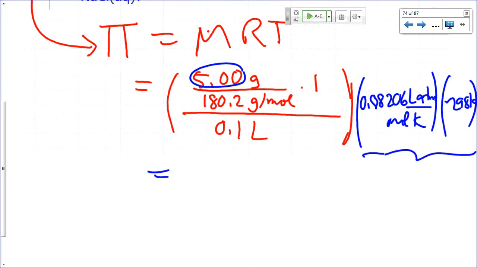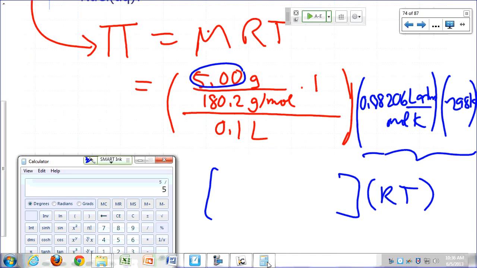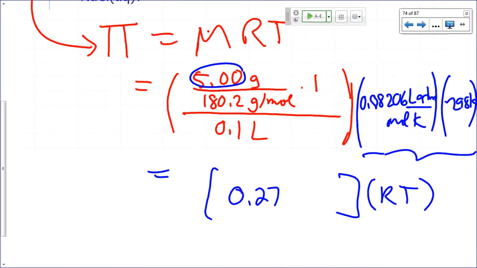I'm just going to leave it at RT because I'm only interested in having the same molarity. Same molarity will have the same osmotic pressure. So what's 5 divided by 180.2 divided by 0.1? It is 0.277 moles per liter. So an isotonic solution would have a molar concentration of about 0.3 moles per liter.